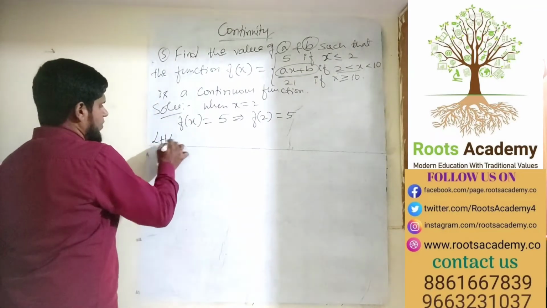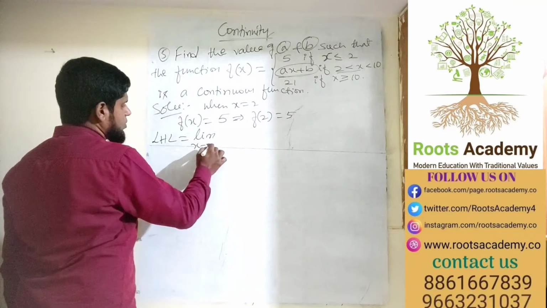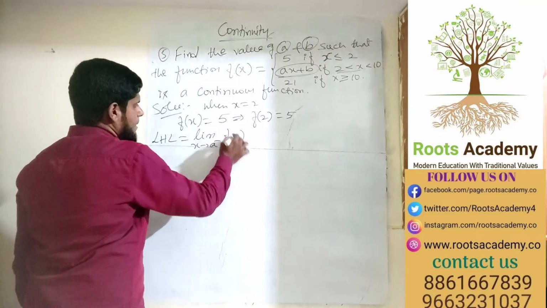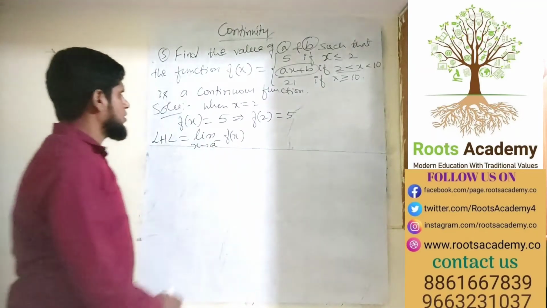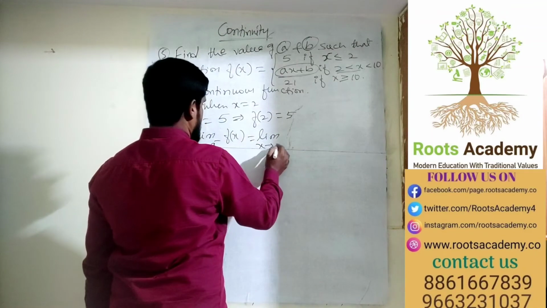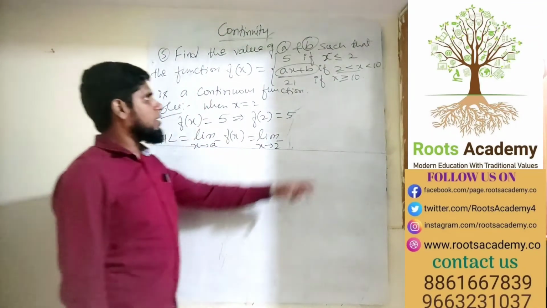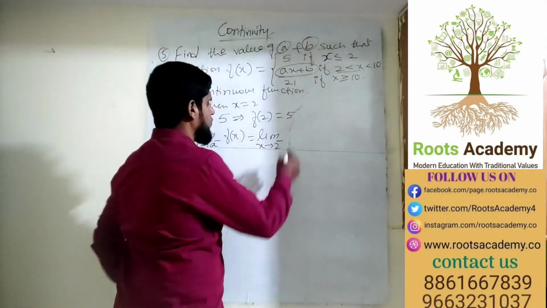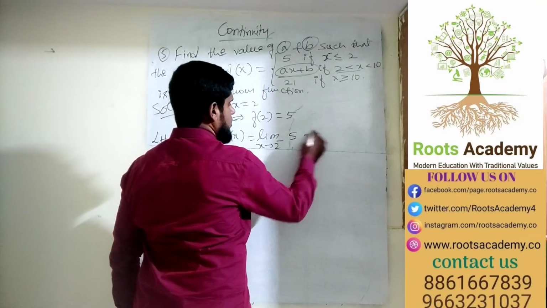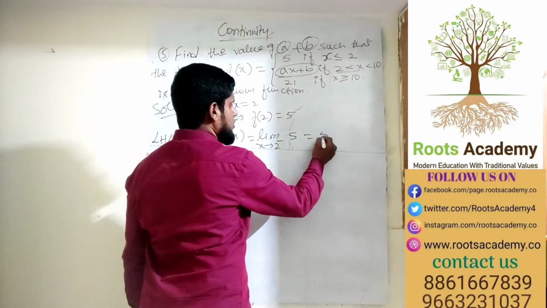Next, the left hand limit is the limit as x tends to 2 minus of f of x. For the left hand limit the function is 5. Since it is a constant function, whatever the limit, the answer is 5 only.